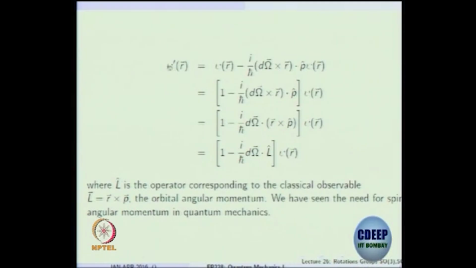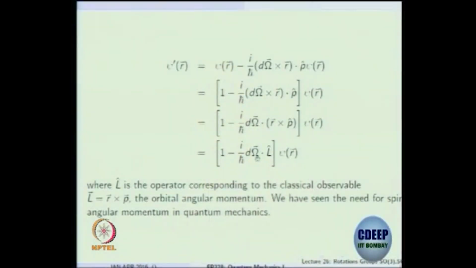So this only gives you the unitary operator which takes psi to psi prime at the same position r. Wave function changes at a position r to psi prime, and how it changes is the unitary operator, and this is unitary for an infinitesimal angle.